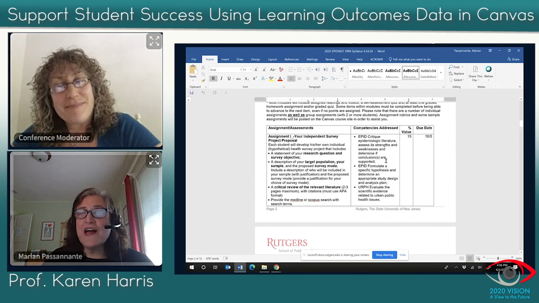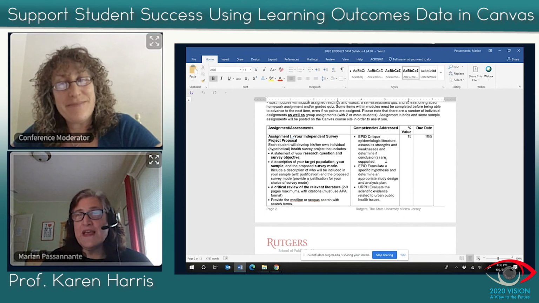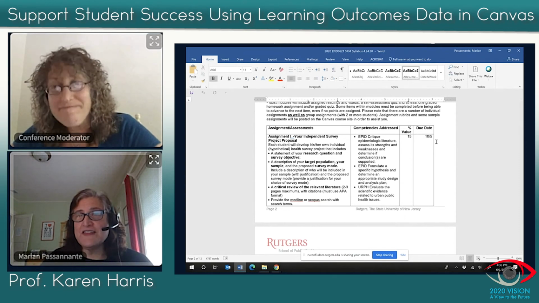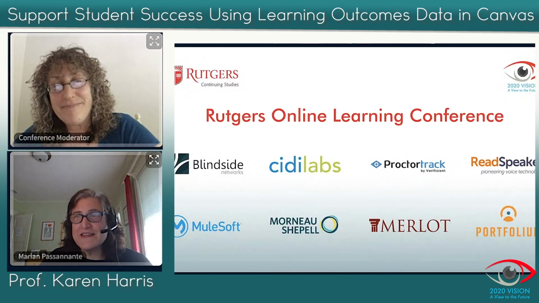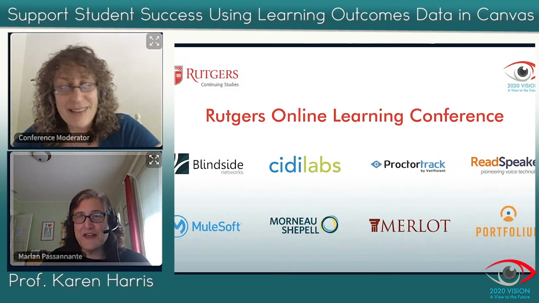That was one of the competencies our school developed, upon which we will be assessed by our accrediting agency. Now I'm going to stop sharing and let Karen take back the screen.